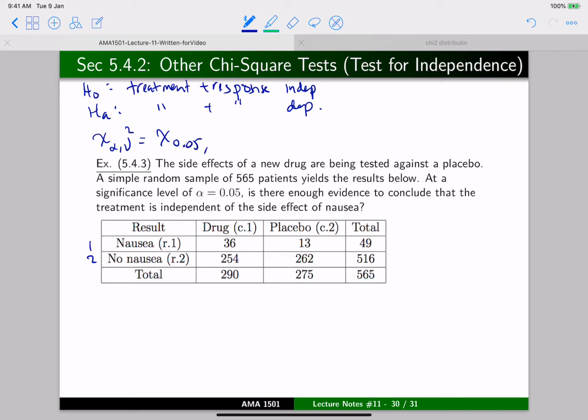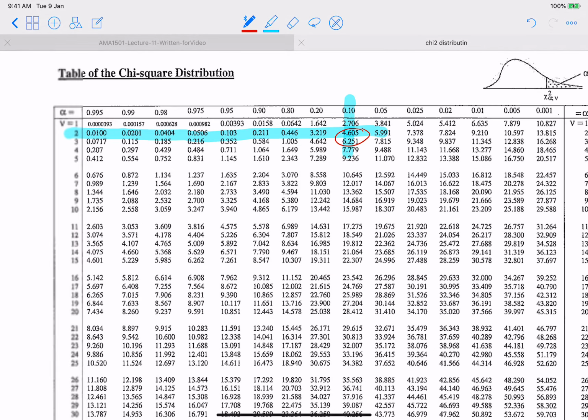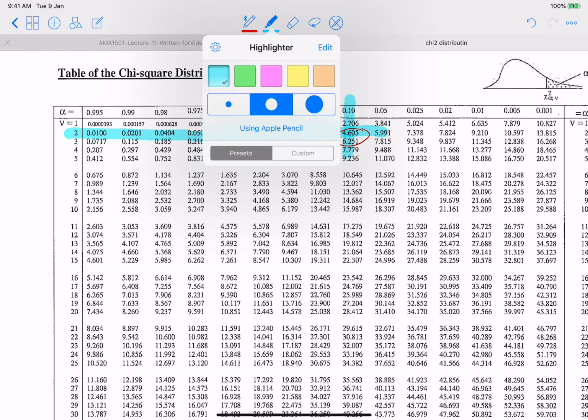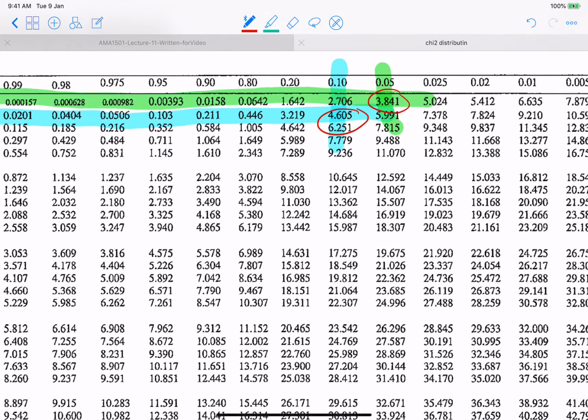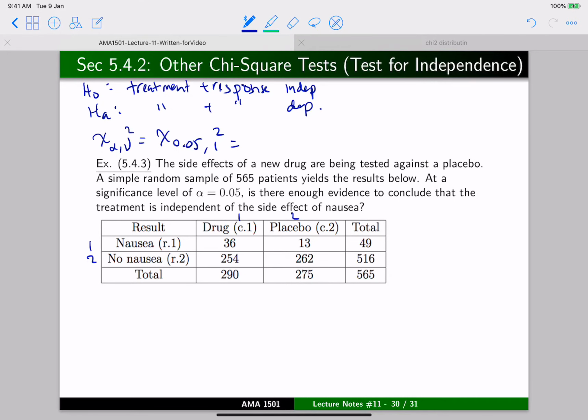Since there's only 2 rows and 2 columns, it's 2 minus 1 times 2 minus 1, which is 1. So at 1 degree of freedom and 0.05, we have 3.841. Let's highlight this for later.